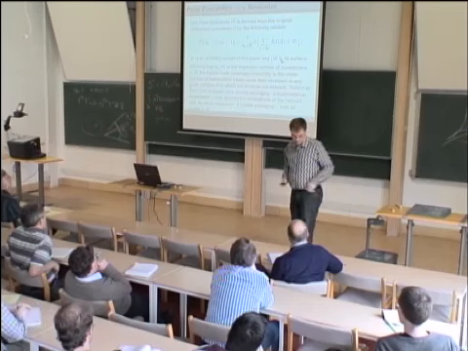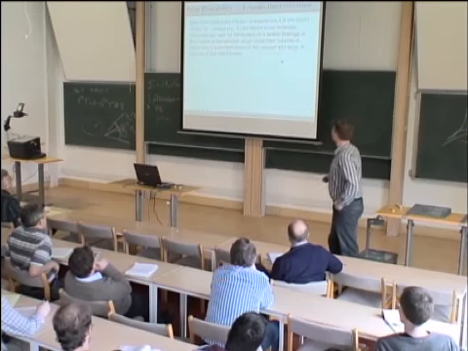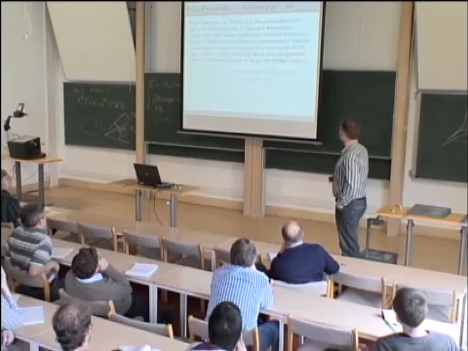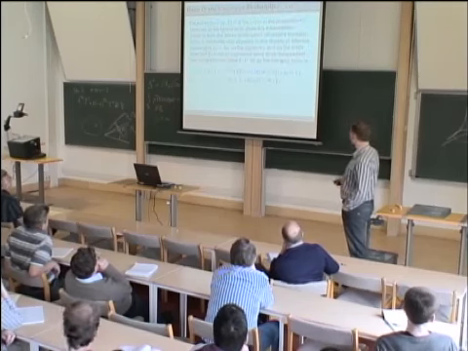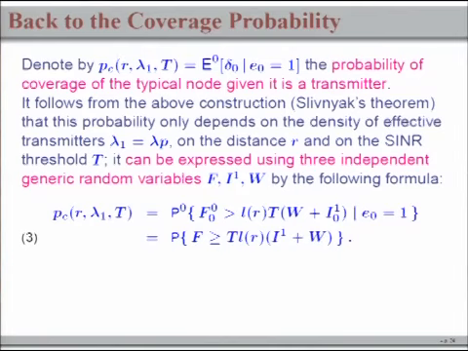So, okay, I think I'll skip the whole Palm formalism of this and just proceed with the calculation of the probability that the typical node, given it's selected, successfully transmits.